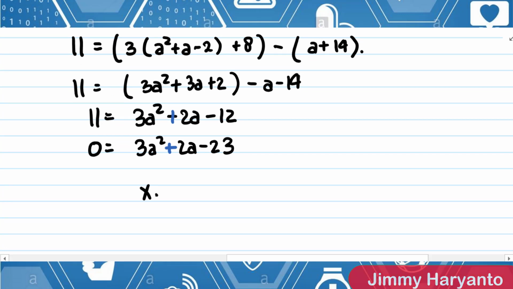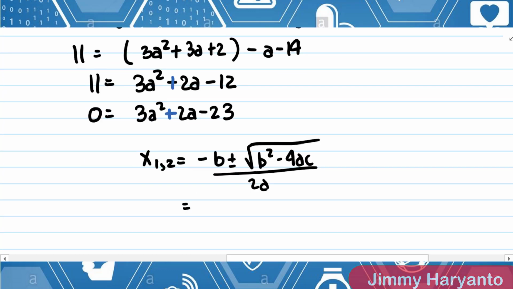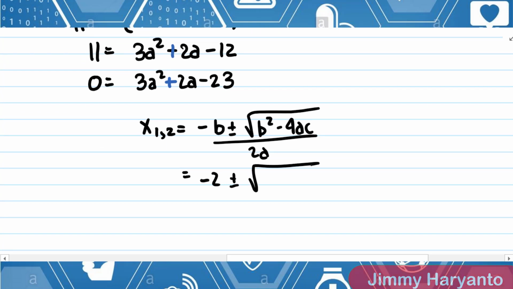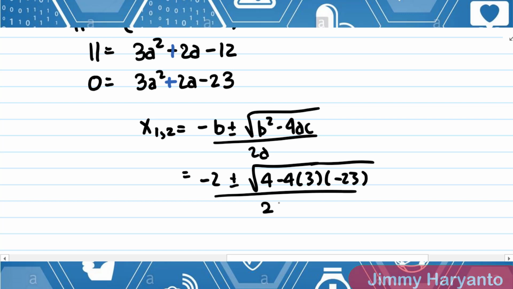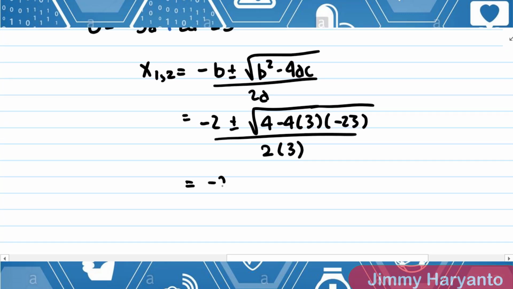But still we cannot factorize this, yeah, so we have to use the general formula equals to negative b plus minus square root of b square minus 4ac over 2a. Okay, so minus b equals to negative 2 plus minus square root of b square, 4 minus 4 times a equals to 3, c is negative 23, over 2 times a, 2 times 3 equals to negative 2, and then plus minus square root of, wait, it will be 70, I guess, no, 100, 280, yeah, 280, am I right?